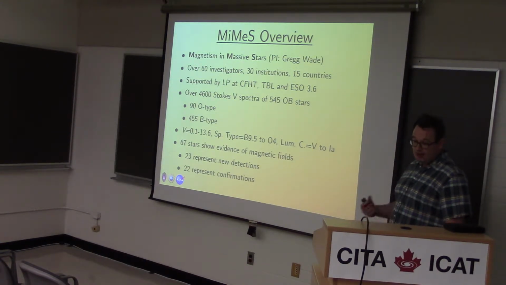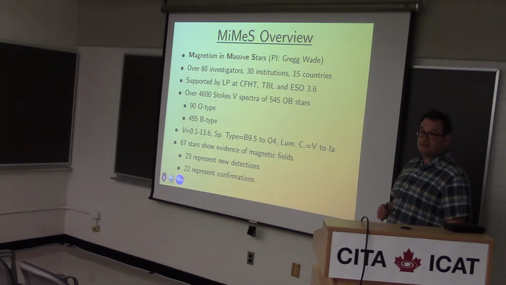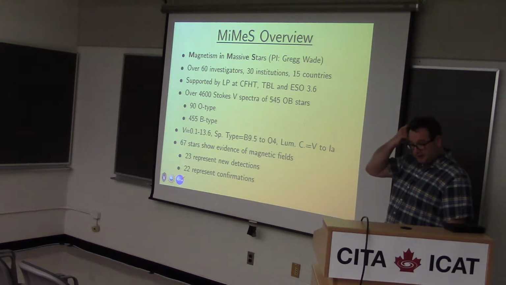As I mentioned earlier, we've known about these fields, at least in a few stars, since the 1970s. And a lot of that early work was pioneered in part by people in Canada, people like Tom Bolton. However, nobody had ever done a systematic survey of magnetism in massive stars, so this was the first attempt at doing it.